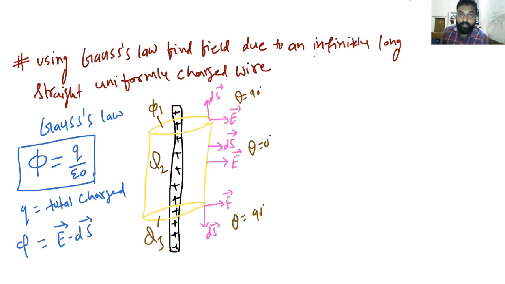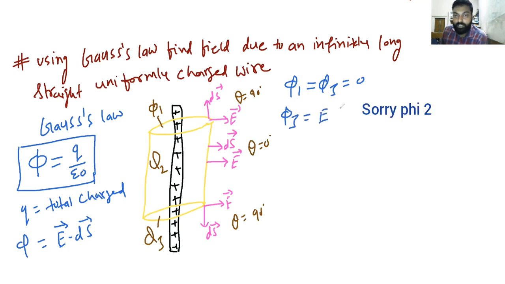If you calculate, phi 1 equals phi 3 equals 0, and phi 2 equals E dS, because cos 0. E dot dS, if we break it, we write E dS cos theta.